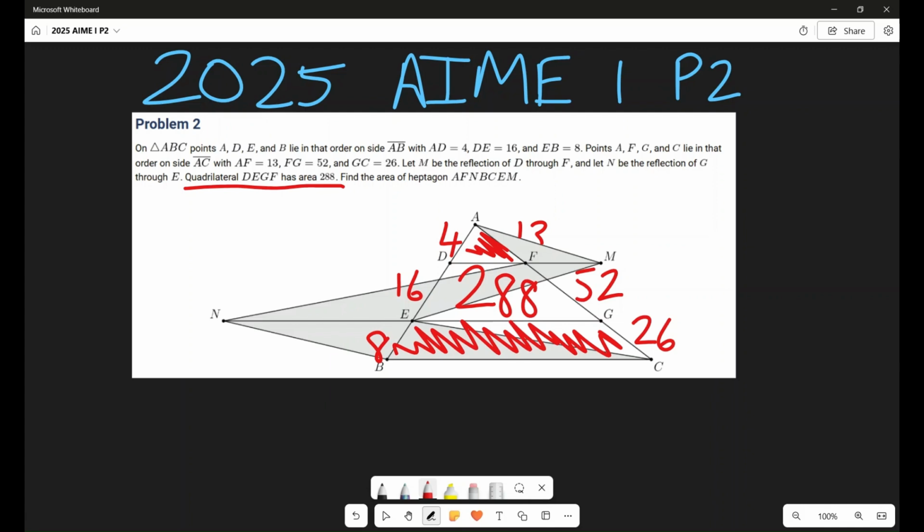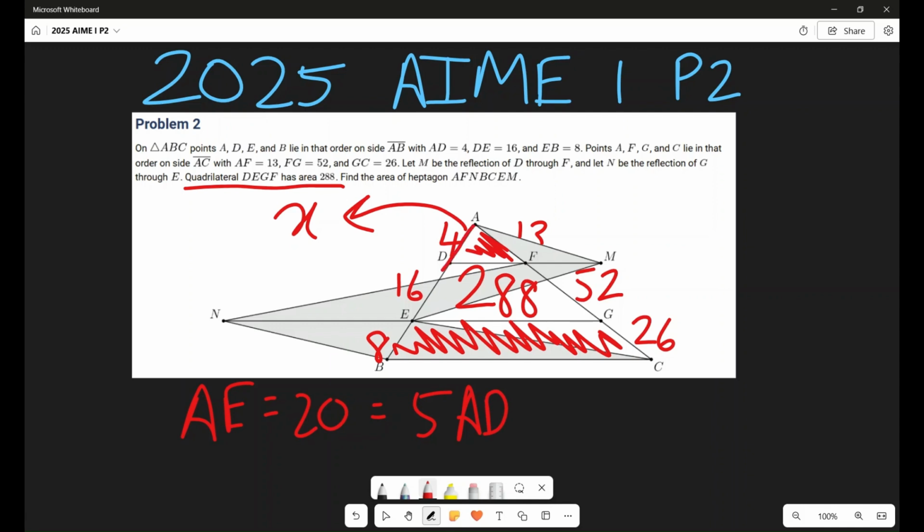So first off, let's say ADF is x, right? Now we know AE is equal to 20, which is 5 times AD. So the area of this full triangle is 25x, right? Because since the linear ratio is 5, the ratio of the areas has to be 25.